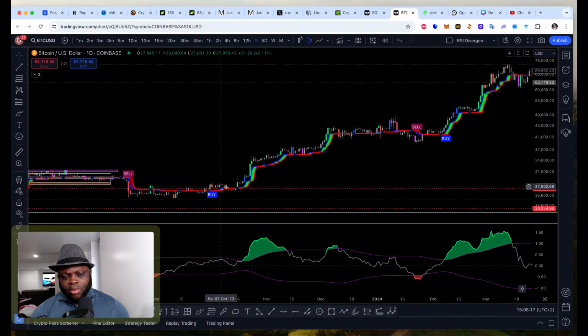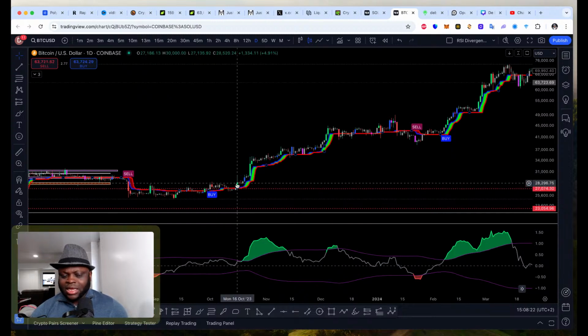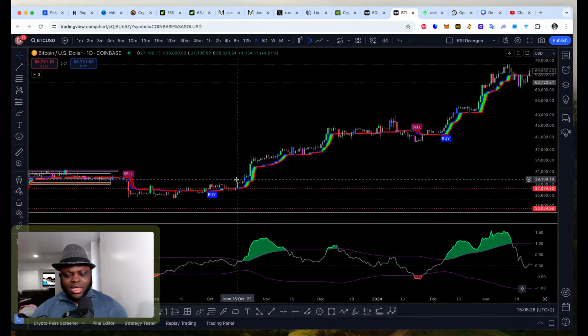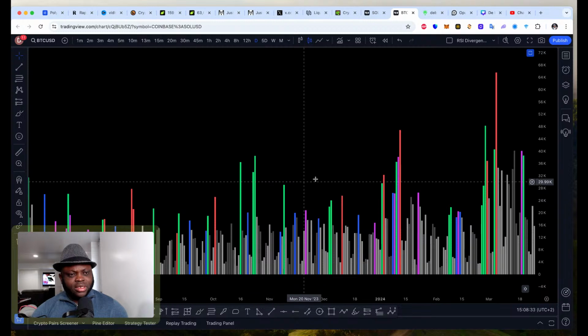So when price started doing something like this and you see a huge spike to the upside, maybe you're not able to get this vector candle. But if you want to get this vector candle, what you have to do is get this indicator, this PV.